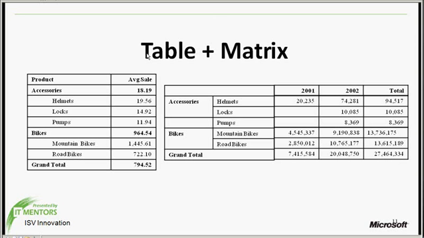You can see a couple of examples here where we have a table and a matrix side by side, and there are different things that we could do with them. A matrix, for example, was pretty useful when we wanted to display multi-dimensional data, so we needed to put multiple dimensions in columns and or on rows as well.